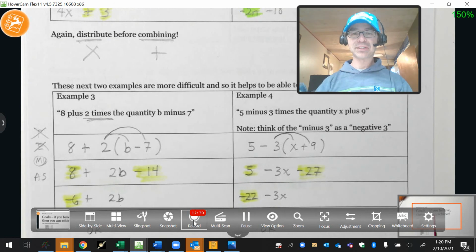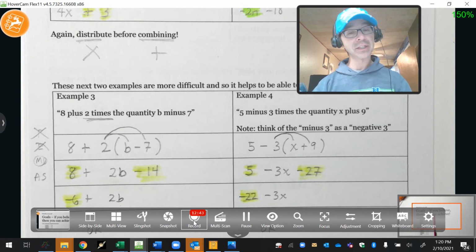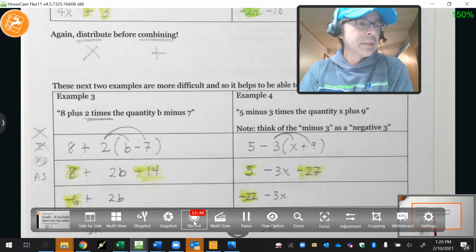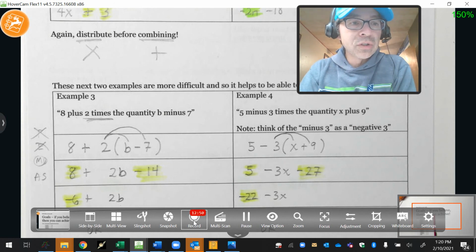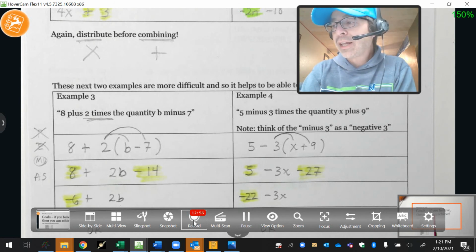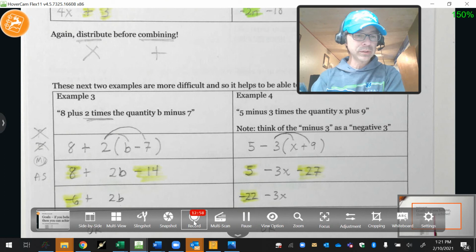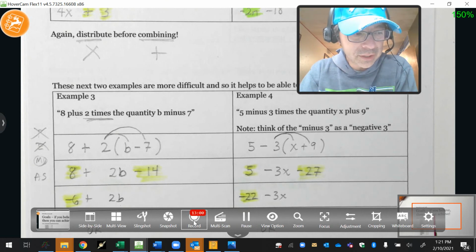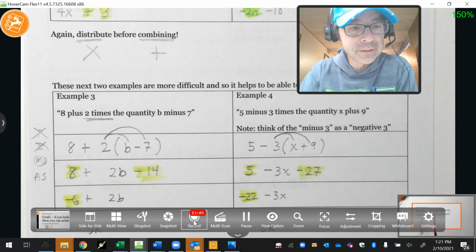Now, you have completed all 5 lessons. How many problems is that total? 8 times 3 plus another 32 problems. Oh, dang, that's a lot of problems. Is it 32 or like 28 problems that you have completed? We want to make sure that they are completed correctly, that you showed all the steps, that you used highlighters to highlight like terms, and if all that's good, that means you're ready for the test.